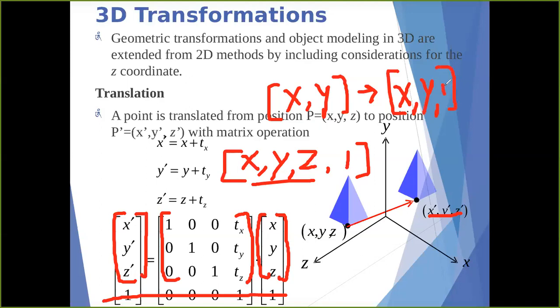You are using one extra coordinate. Previously it was 2 points in the coordinate. Now you are increasing the numbers in the coordinate. It is in 2D, but it is 3 parts in the 2D coordinate. It is 3 dimensions, but the coordinate is x, y, z.